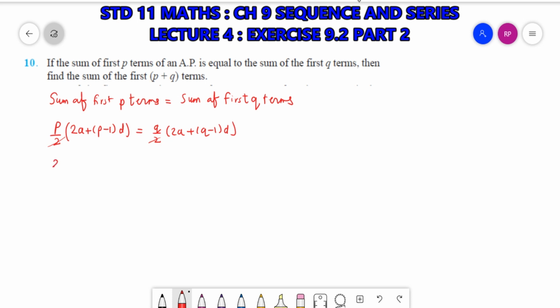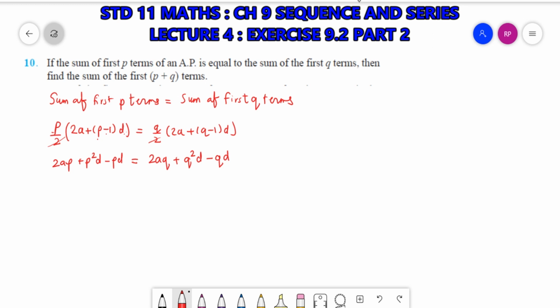So 2a into p, 2ap. p into p into d, p square d. p into minus 1 into d, minus pd equal to 2a into q, 2aq plus q into q into d, q square d, q into minus 1 into d means minus qd.